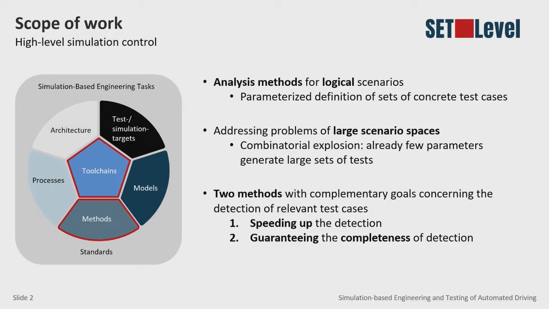And you would need a clever method to look for the interesting instances and simulate those and avoid too many meaningless simulations. Because such a logical scenario, even a small, simple one, defines a huge test space. And so I'm going to present you two methods.